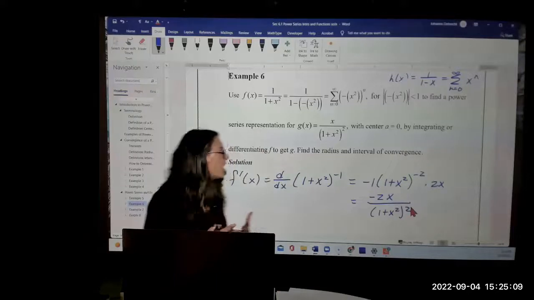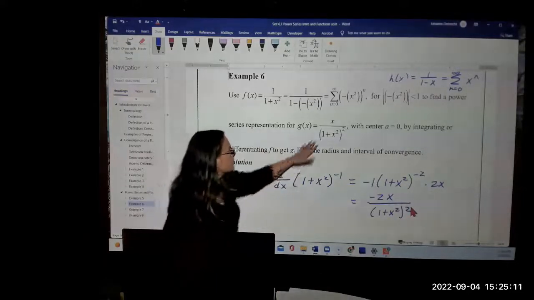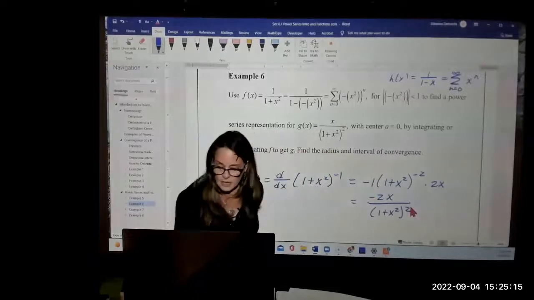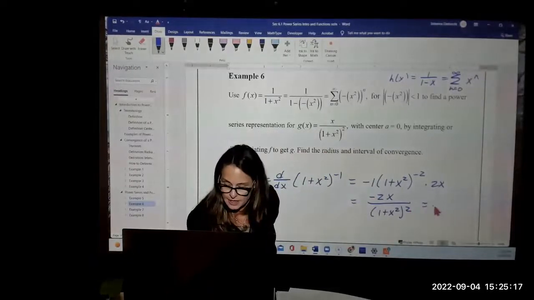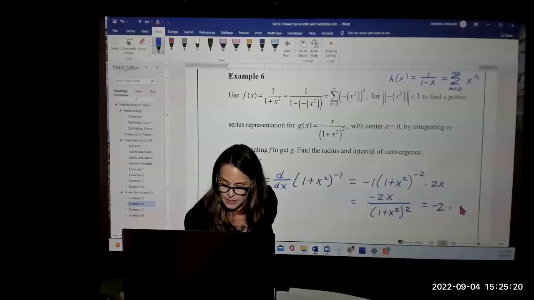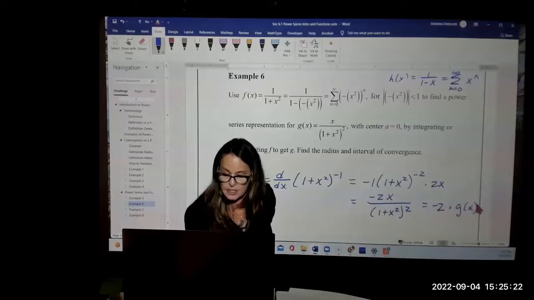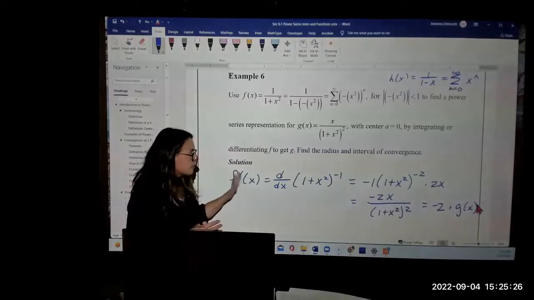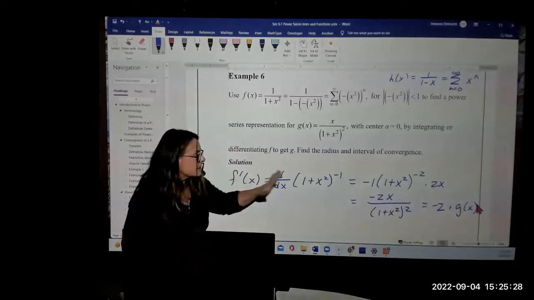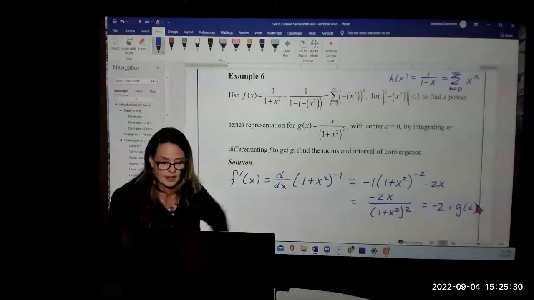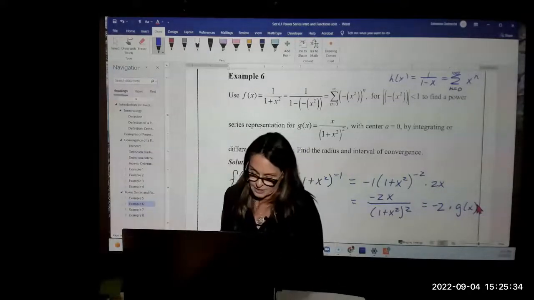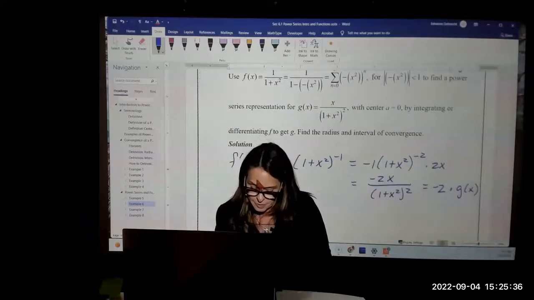Now this looks a lot like g, but g only has x in the numerator, not negative 2x. So I can think of this instead as negative 2 times g of x. So the relationship between f and g is that f prime is negative 2 times g of x. Or in other words, I can rewrite g of x now in terms of f prime.